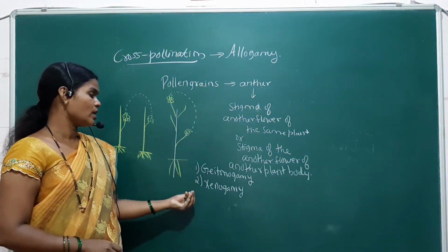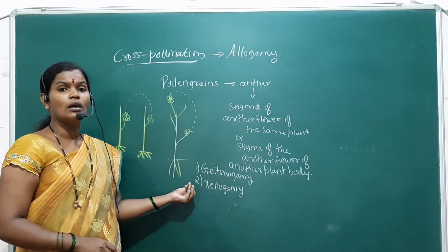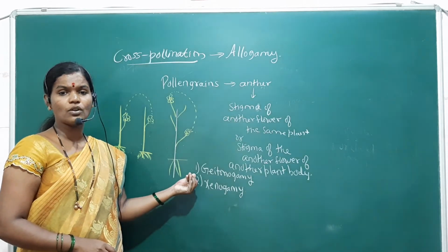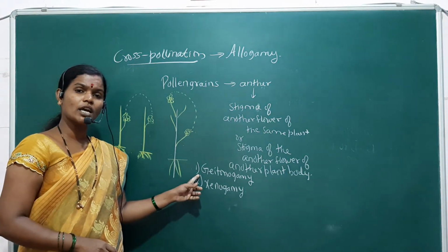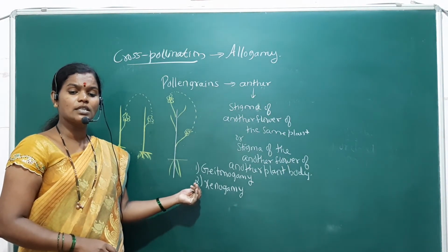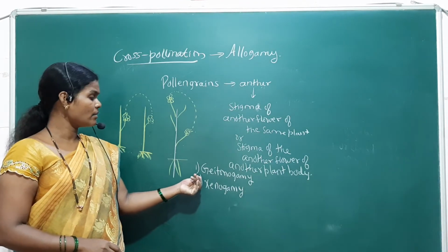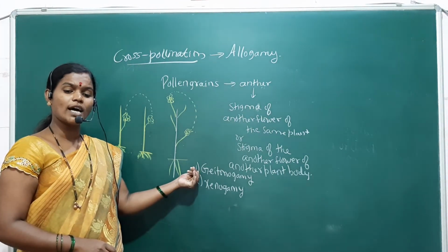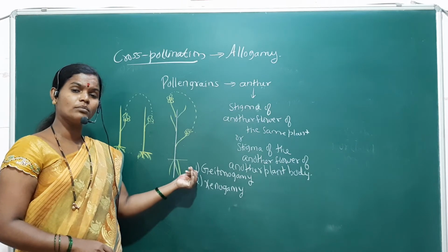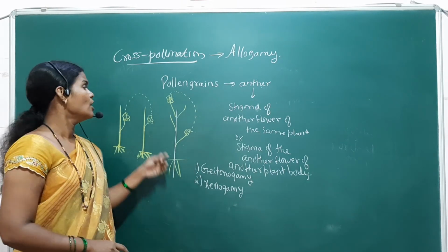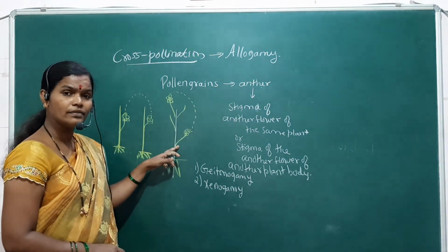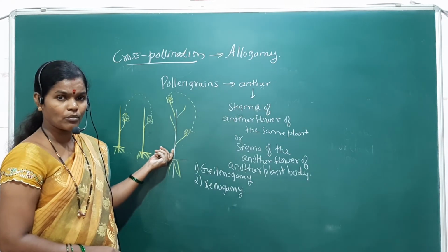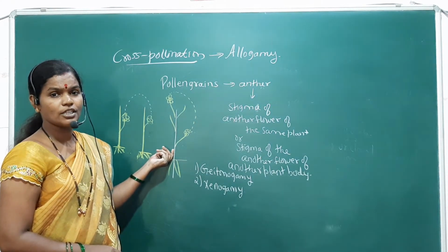Here we see two types of cross-pollination: one is geitonogamy and the other is xenogamy. Geitonogamy is the transfer of the pollen grains from the anther of the flower to the stigma of another flower of the same plant body. That is called geitonogamy.